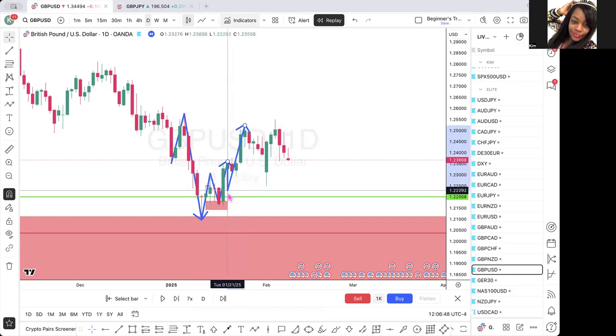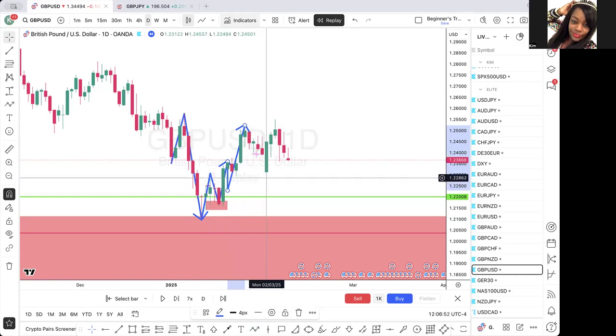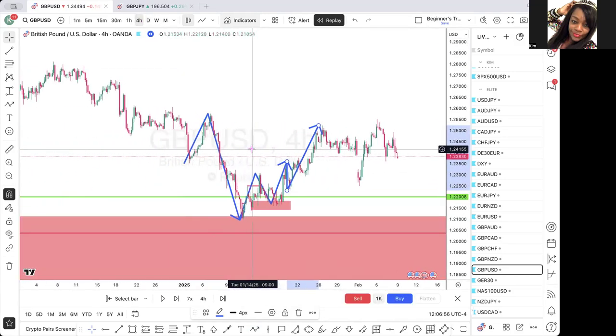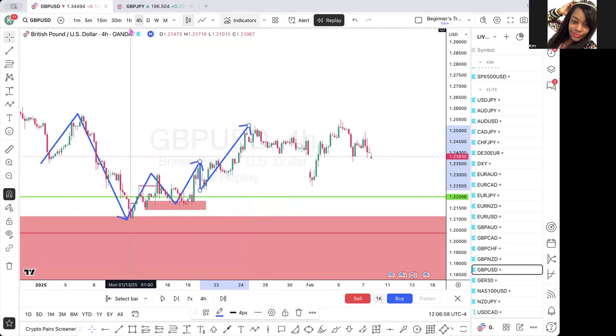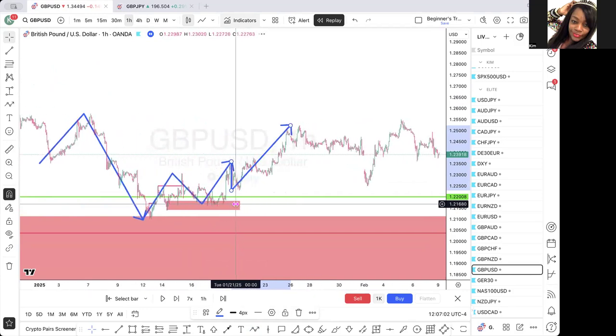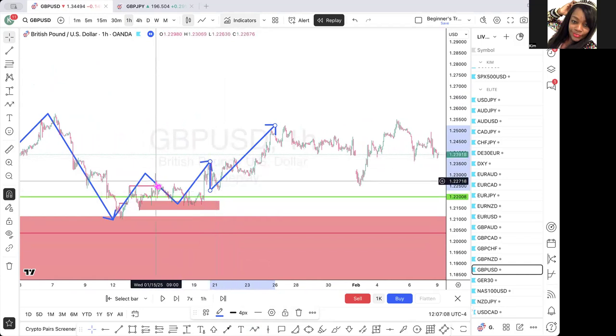And then you had this high here. So when price pulled back, yes, you could have traded that, and I'm going to go back to the 1 hour. So this is your daily move here.